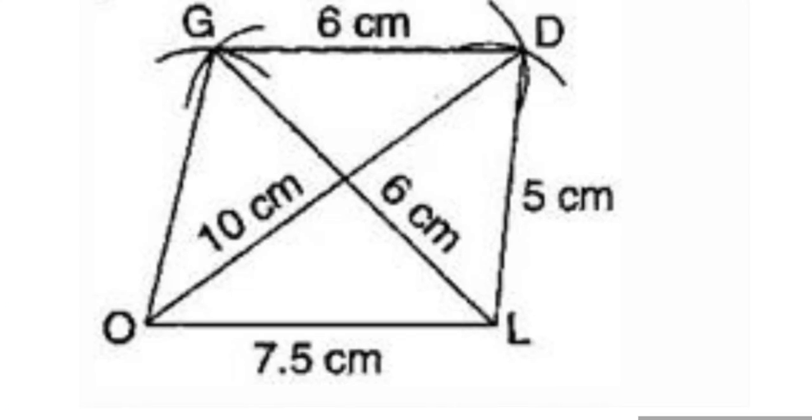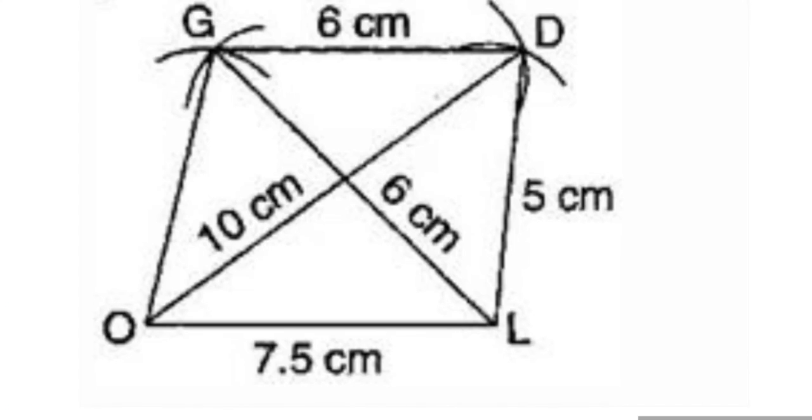First draw line segment OL equal to 7.5 centimeter. Now draw an arc of radius 5 centimeter taking L as center and another arc of radius 10 centimeter taking O as center which intersects the first arc at point D. Now join LD and OD.